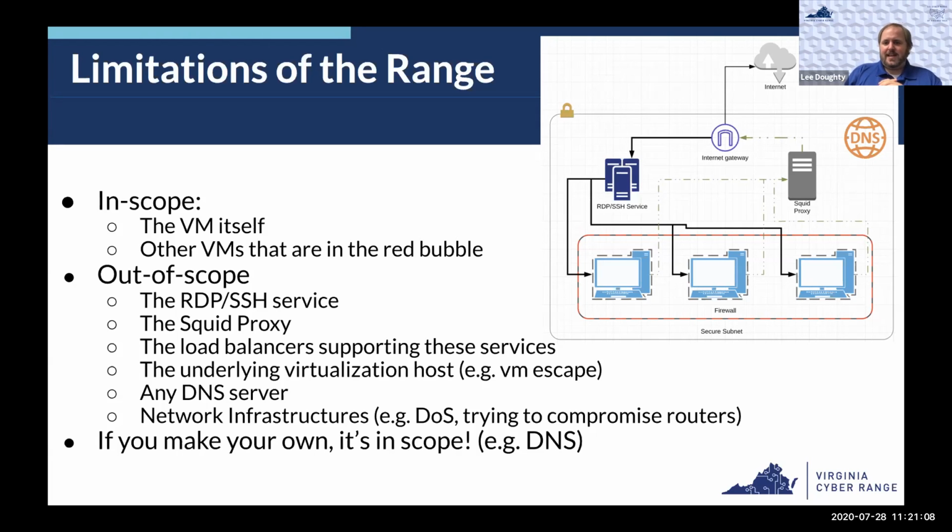But you can't attack the squid service, the RDP service, or the load balancers that are supporting both of those things. You really can't attack any DNS server that stood up automatically or already exists. You can't try to escape the virtual machine to get to the underlying host. You also can't attack the network infrastructure. So that's all the out of scope things.